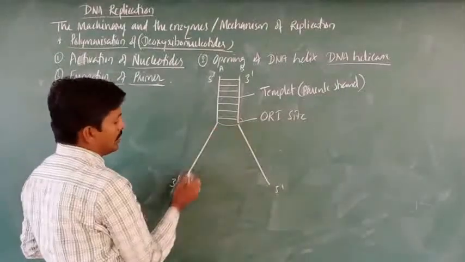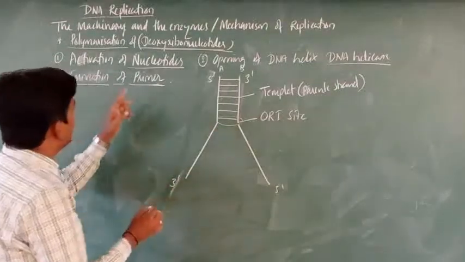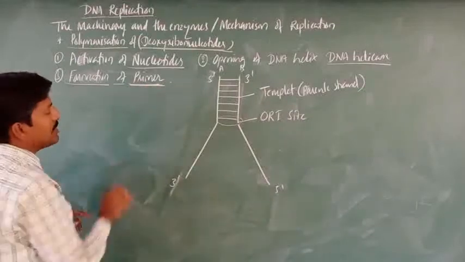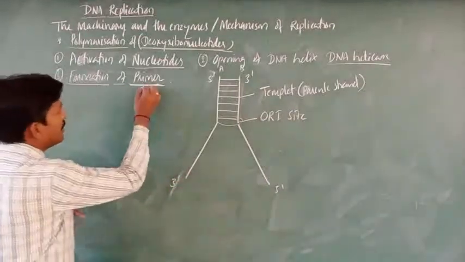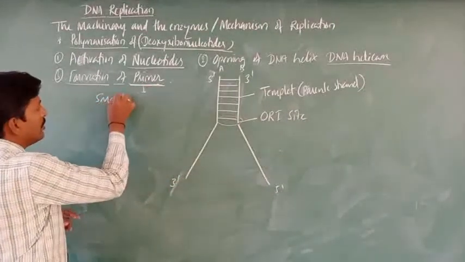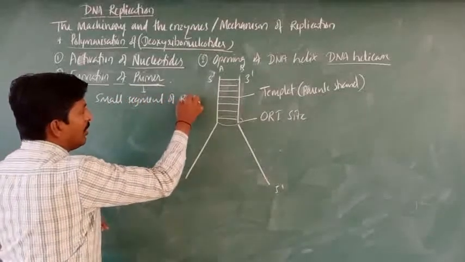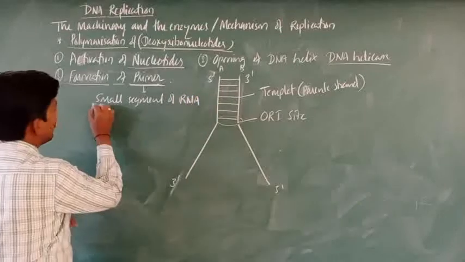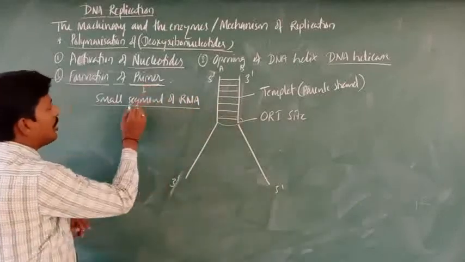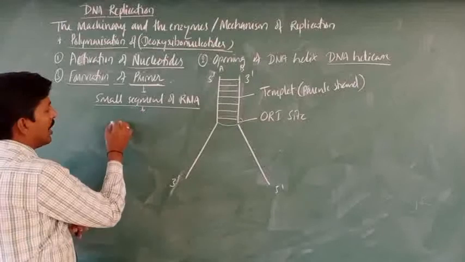Now the RNA primer is formed. Primer means a small segment of RNA, because it is made up of ribonucleotides.